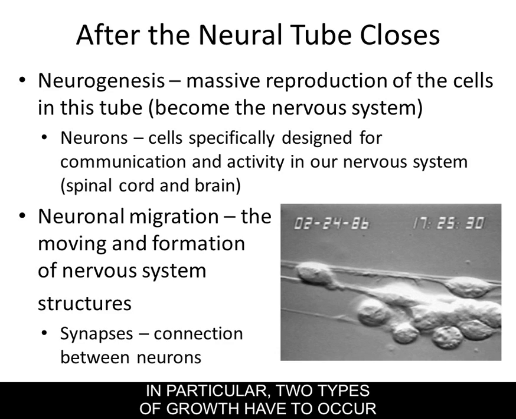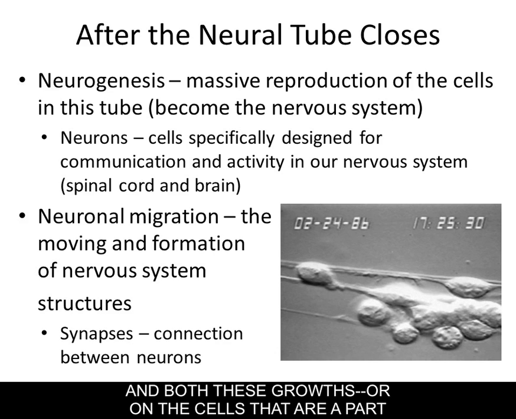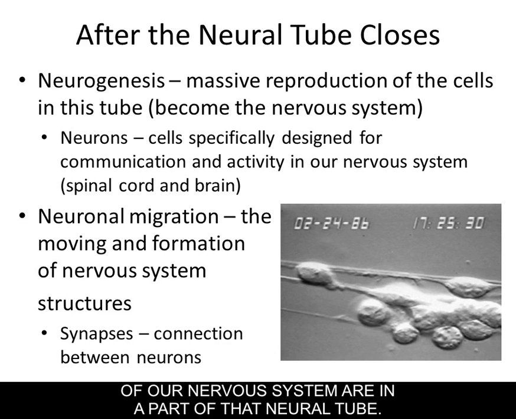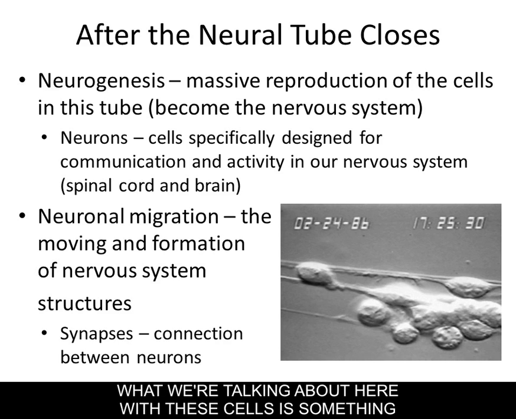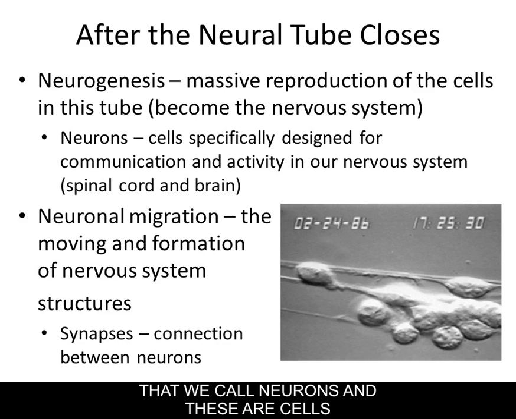In particular, two types of growth have to occur, and both of these growths occur on the cells that are a part of our nervous system and a part of that neural tube. We've already used this name before, but just to define them, what we're talking about here with these cells is something we call neurons.